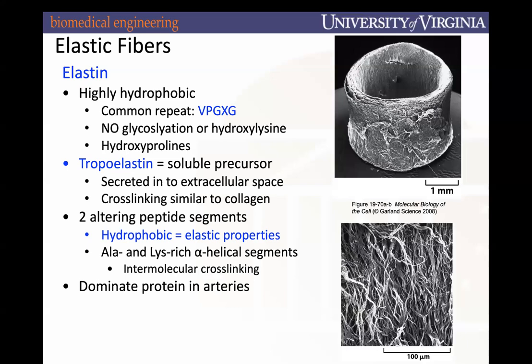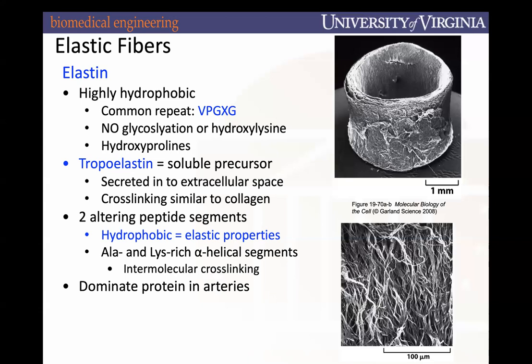Here we have a section of the aorta, which, if you imagine, is right outside the left ventricle and has to endure huge bursts of pulsatile flow, and it needs to be able to return back to its shape. And so these large vessels are elastin rich. If you zoom in on this region of the aorta, you can see there are cross-linked elastin fibers there.